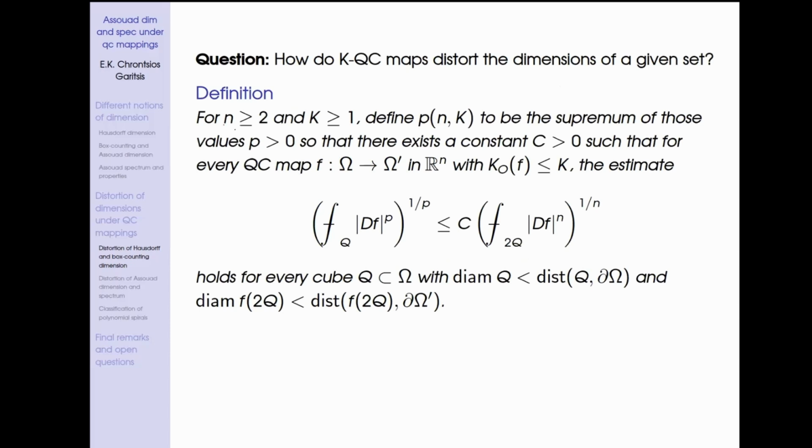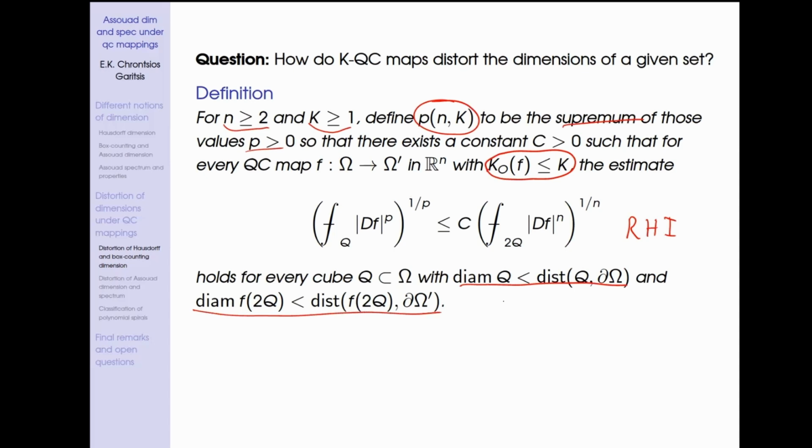Namely, we define for some fixed n and some fixed k, p(n,k) to be the supremum of all values p for which there is a constant, such that for every quasi-conformal map with outer dilatation at most k, this estimate, this reverse Hölder inequality, holds true for every cube that is deep enough inside the domain of f and the double cube has image that is deep inside the target of f.